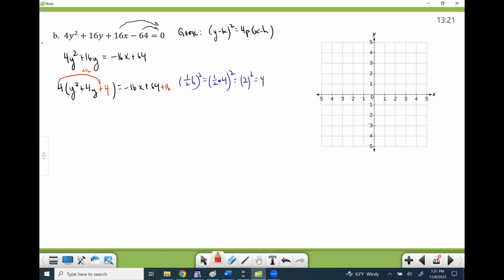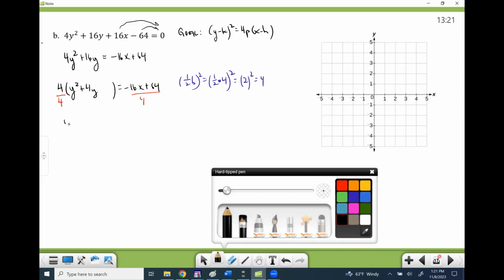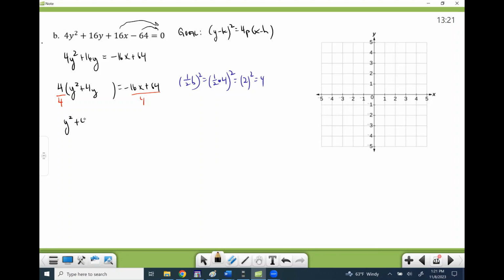Now on this particular problem, there is something kind of nice though. Let me back it up before that plus 4 business. Notice we could divide by 4 on both sides, and then we wouldn't have to deal with that situation that we were just talking about. 16 divided by 4 is 4, and 64 divided by 4 is 16.